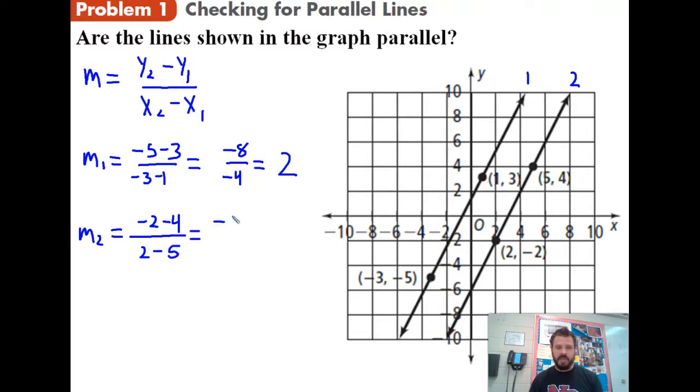We end up with negative 6 over negative 3, which is 2 as well. So we just showed that these two lines have the same slope: rise of 2, run of 1. So we can say yes, they're parallel, because they have the same slope. Again, anytime you're checking if two lines are parallel to each other, find their slopes. If they're the same, they're parallel. If they're not, we'd say they're not parallel.